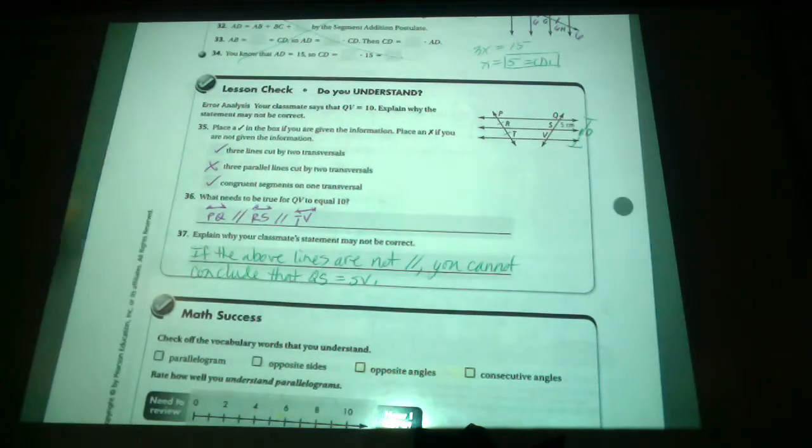So you're going to find later that you're going to get a converse to this that says that if this is true, then the lines are parallel. But you haven't been told that yet, so you're not allowed to make that determination. Some of you might be thinking, well, logically that has to be true. The only thing you've been given is that you have three lines cut by a transversal. You are not told that they're parallel, and you are told that you have congruent segments on one of the transversals.